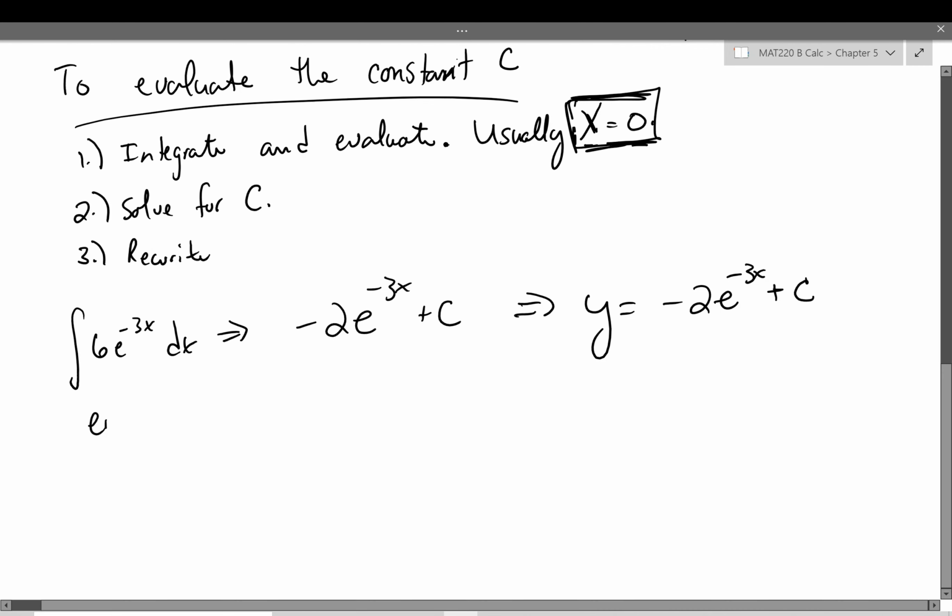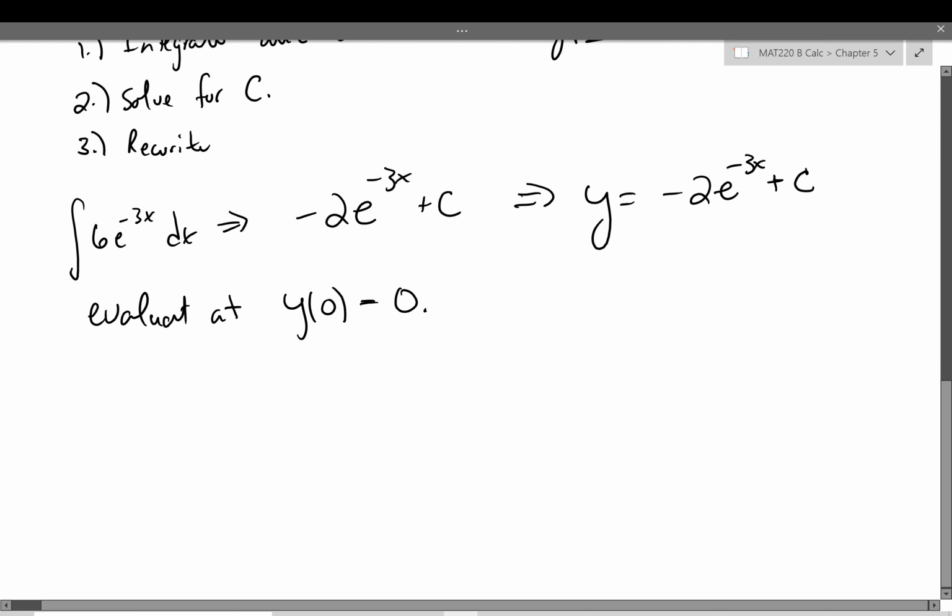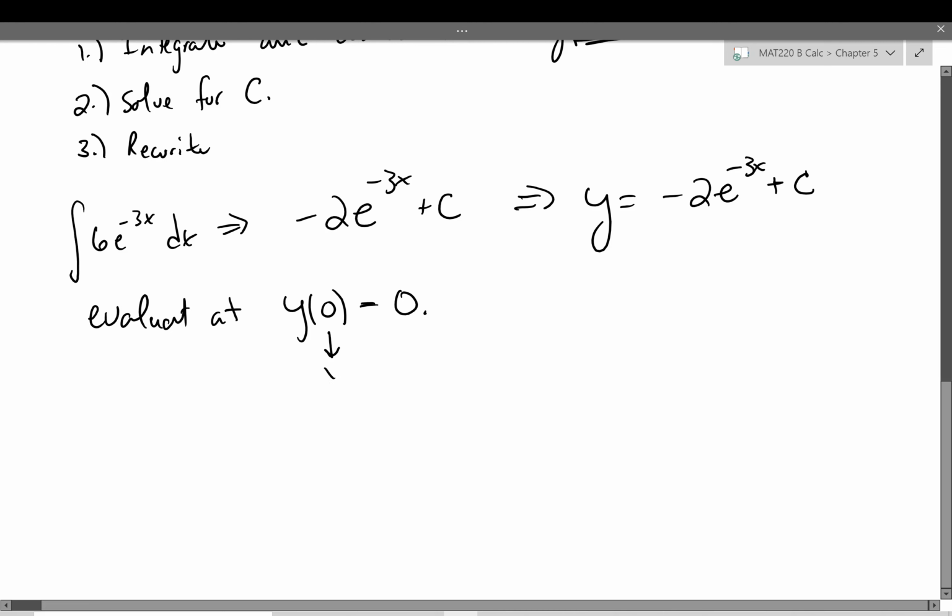So let me write this here. Evaluate at, and we'll do it like this. You ready? Y of 0 equals 0. So there's x, and this is y. So I get 0 equals negative 2 e to the negative 3 times 0 plus c.